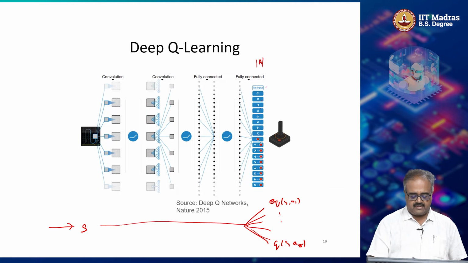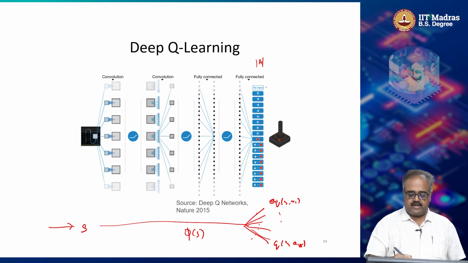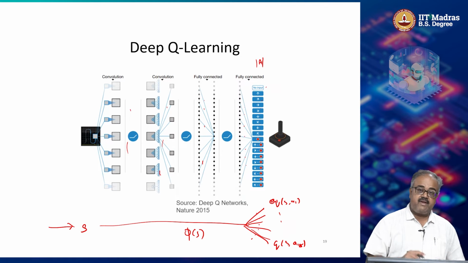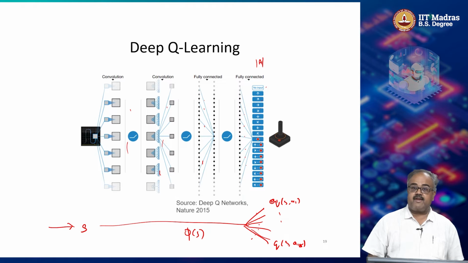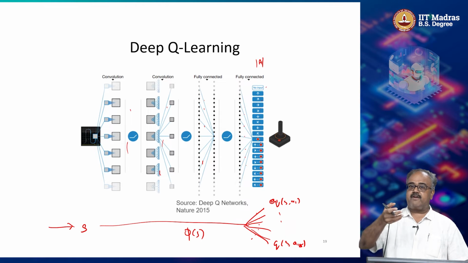This whole thing computes phi of S, and then I have the last layer. The weights up to the fully connected layer are shared between all the actions, but the final layer weights are not shared between the actions, so they are basically treated as 18 different function approximators.